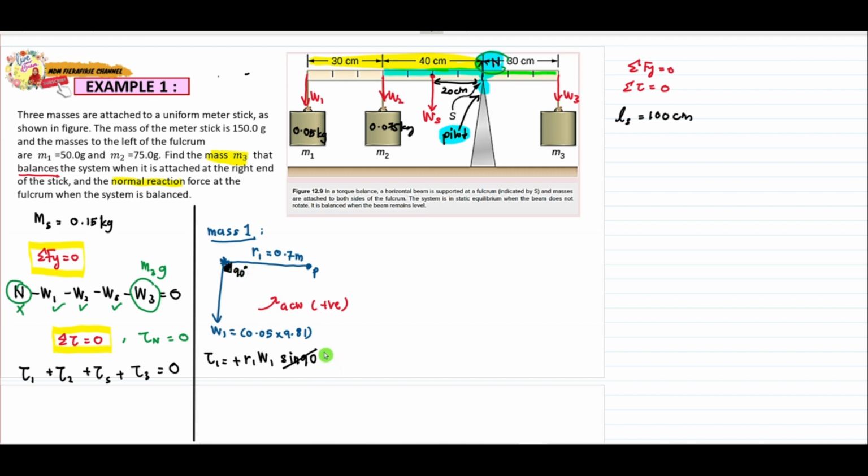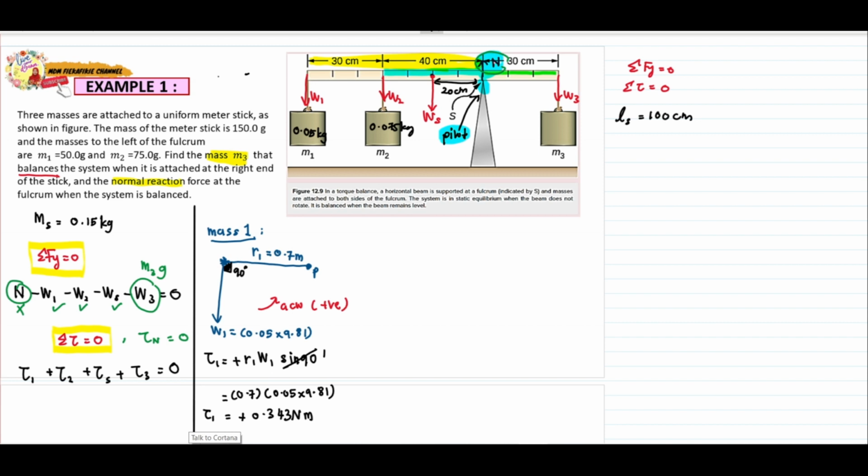So sin 90 is equal to 1. Here I directly take the angle between R1 and W1. So let's substitute all the values. We have 0.7, and for W1 we have 0.05 times 9.81. So for torque 1 we will get positive 0.343 Newton meter.